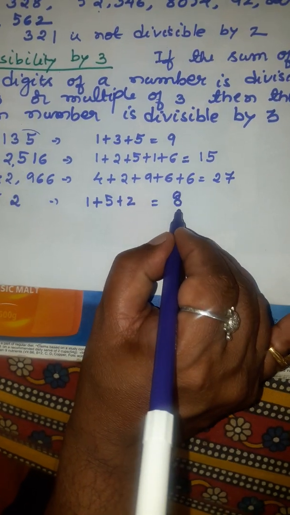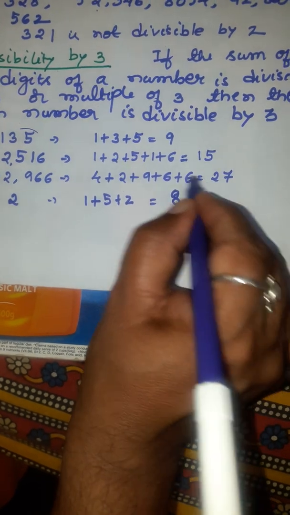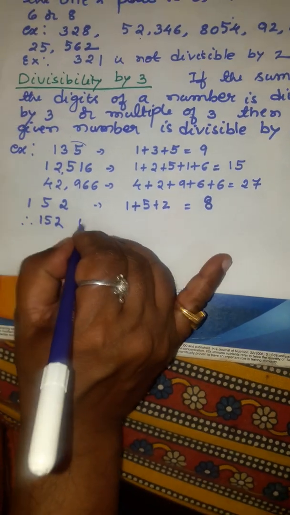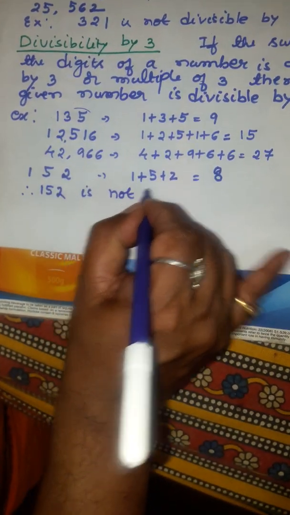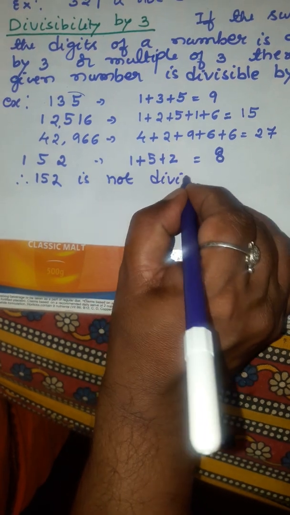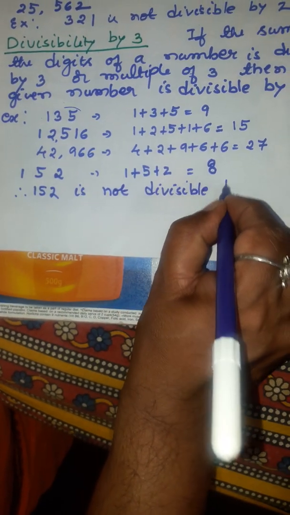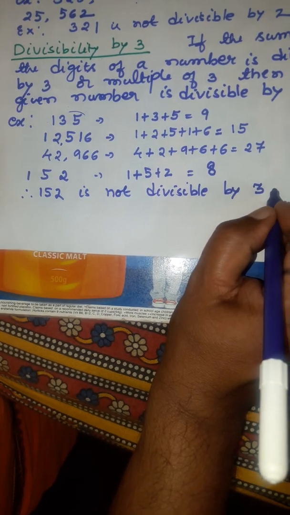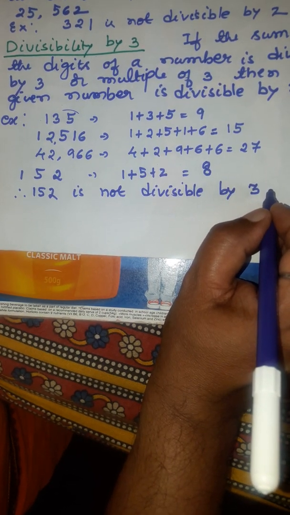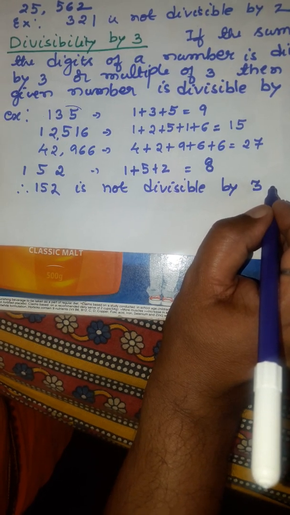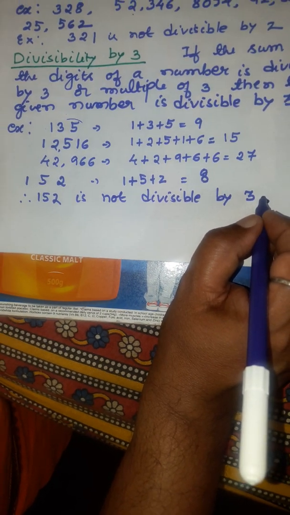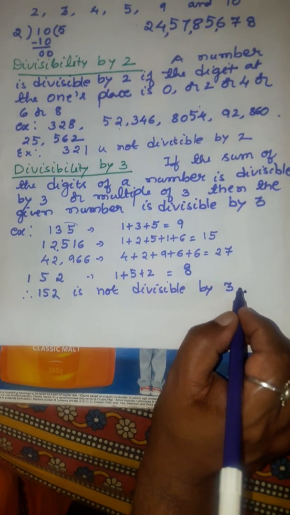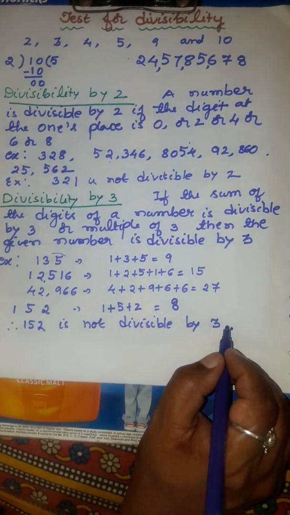So 8 is not a multiple of 3, 8 is not divisible by 3, therefore 152 is not divisible by 3. So the divisibility rules minimize the time, and without actually going for division, we can directly tell whether the given numbers are divisible by 2 or 3.